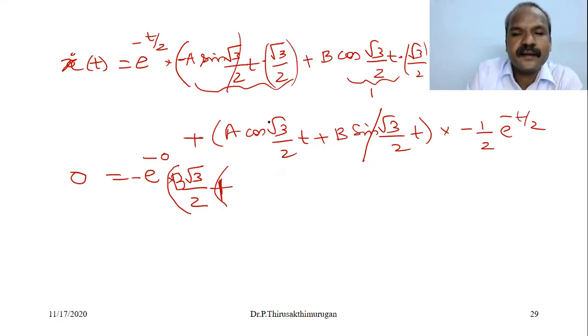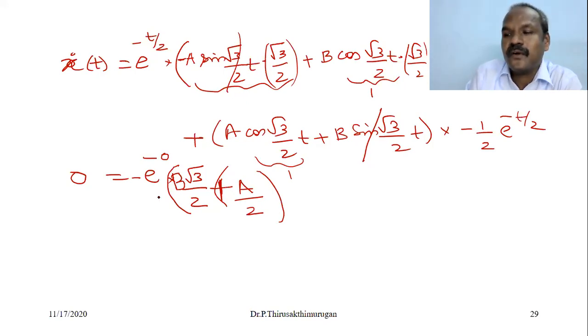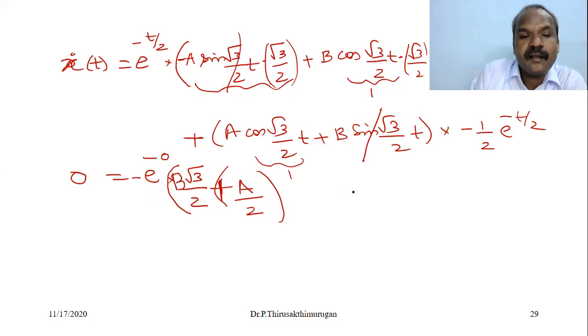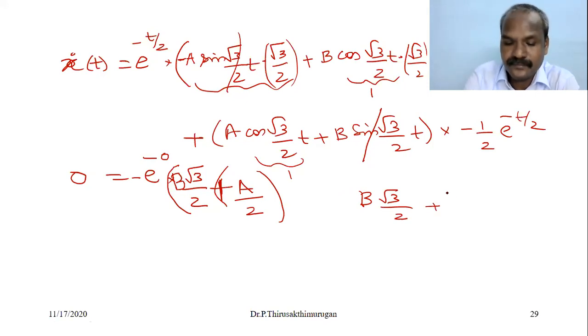Plus, here this term will vanish, A will be coming, right? cos 0 is 1, so we'll be getting A by 2. So what is A?